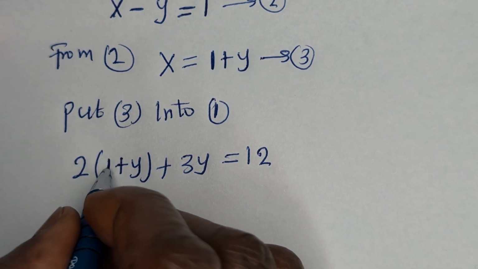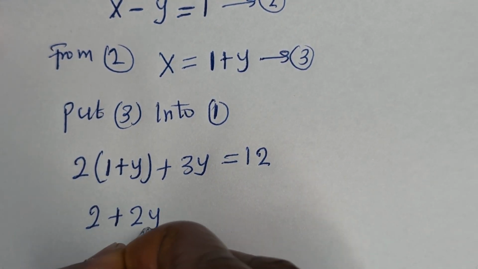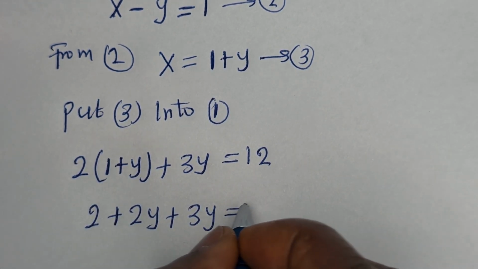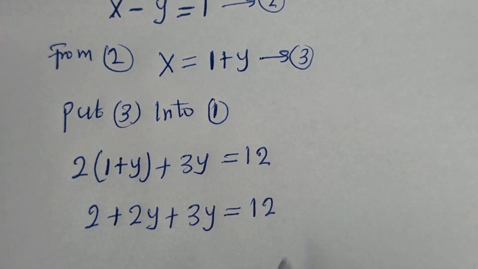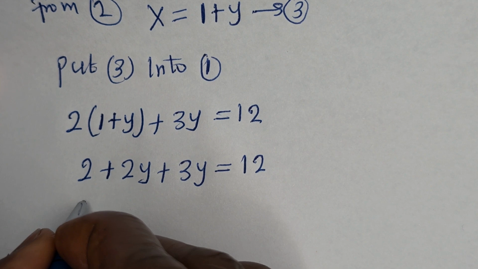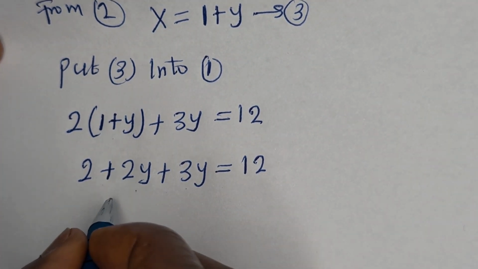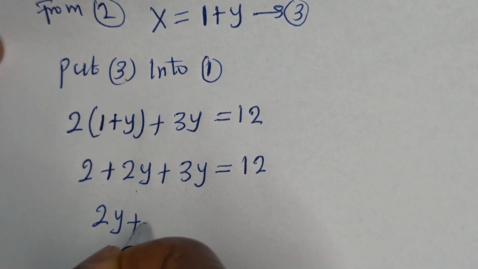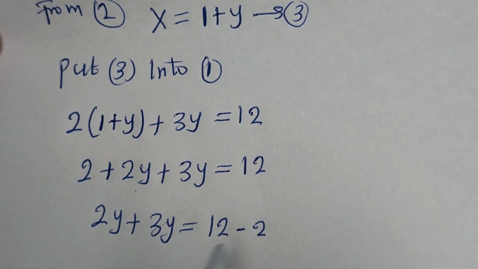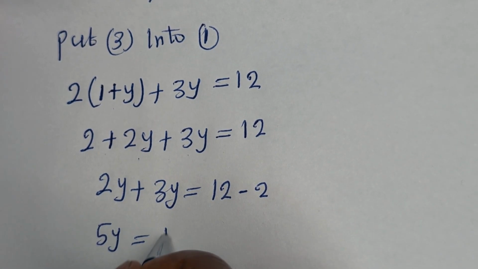Let's open the bracket. 2 multiplied by 1, 2, plus 2 multiplied by y, 2y, plus 3y is equal to 12. Now here we have 2y plus 3y is equal to 12 minus 2. 2y plus 3y, this is 5y, is equal to 12 minus 2, 10.